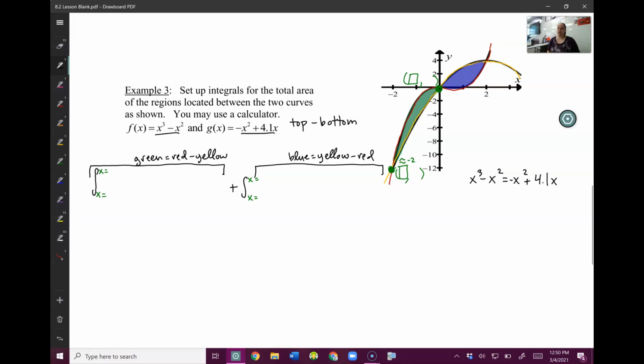In this case, you cannot solve this one algebraically. This is a calculator problem, where you put that into y1, put that into y2, and then find out where they intersect. And you'll find that those intersection points are this.